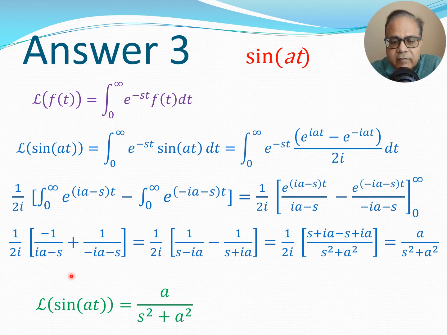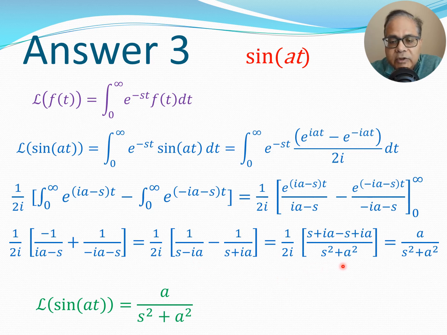Now I can simplify this. For example, I can remove the negative sign here and I can write it as s minus ia. I can again put a negative sign here and write it as s plus ia. And then I can realize that this is in the form (a minus b)(a plus b), so this can be multiplied together and I will get a squared minus b squared.